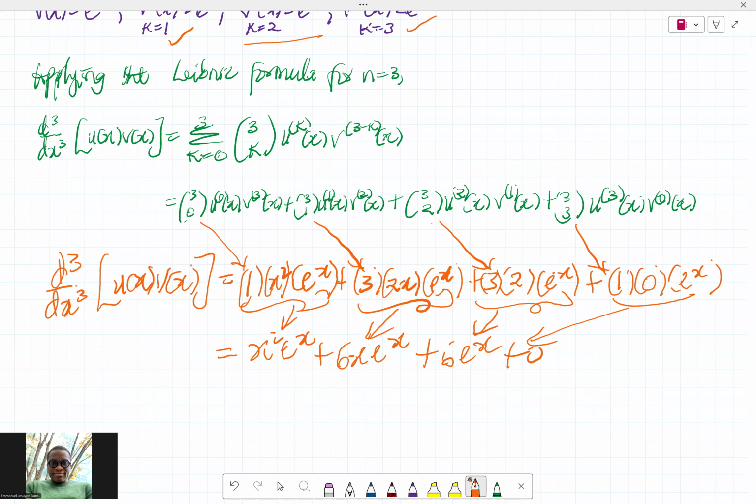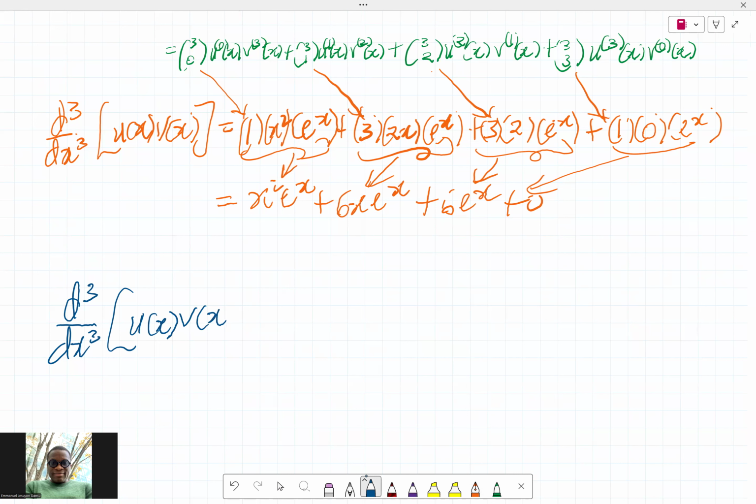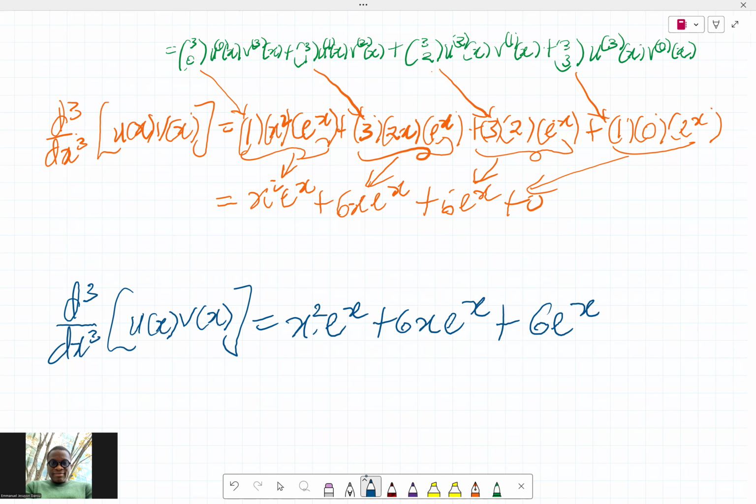So from what we see there, we can say that the third derivative of u of x, v of x is equal to x squared e raised power x plus 6x e raised power x plus 6 e raised power x plus 6 e raised power x.